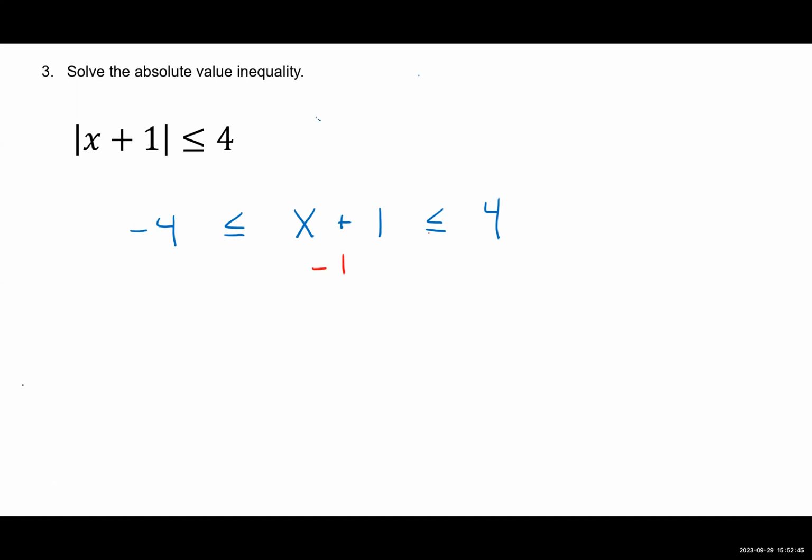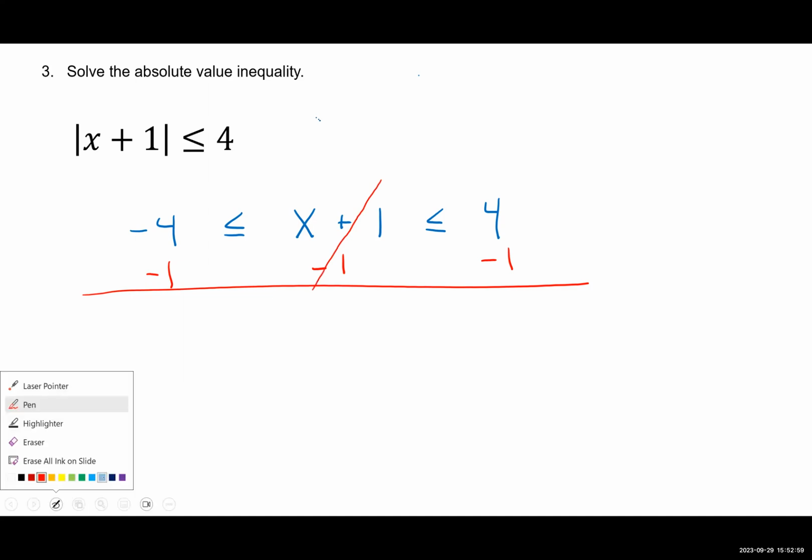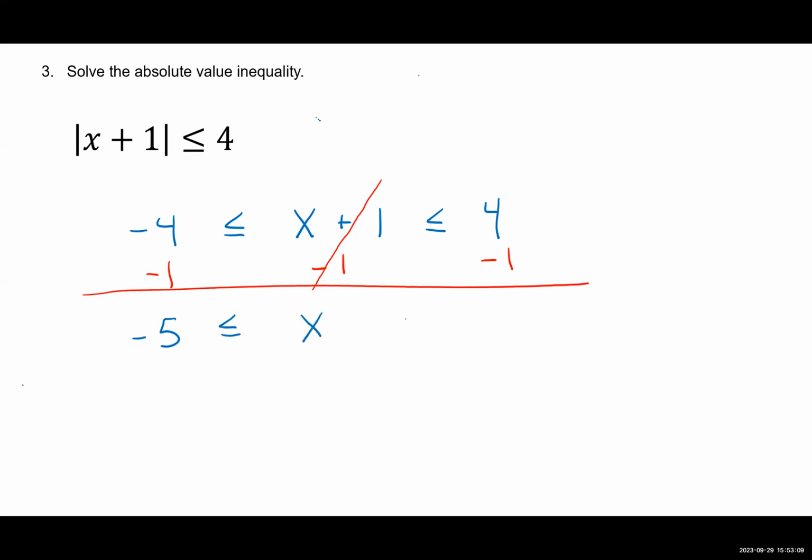Once we're at this compound inequality point, it's only one step. -1 from the left, -1 from the right, -1 from the middle, because we want to cancel off that +1 in the middle. So we get -5, -4 minus 1, is less than or equal to x, which is less than or equal to 3.